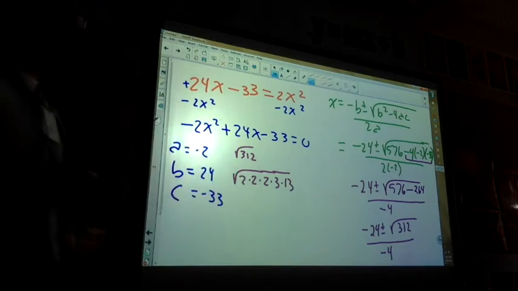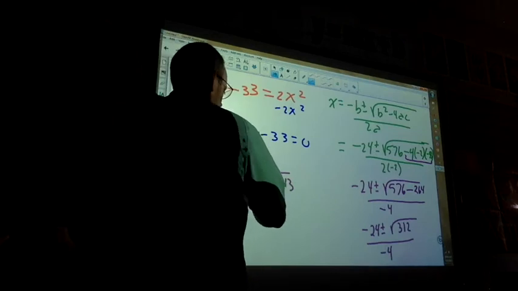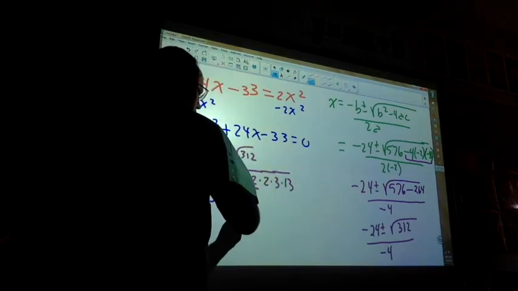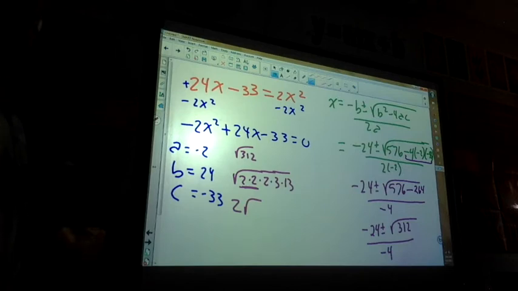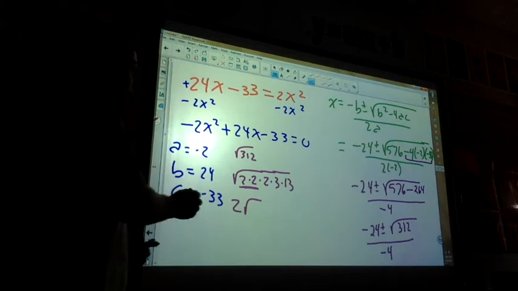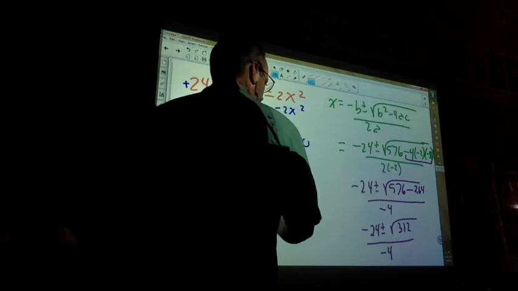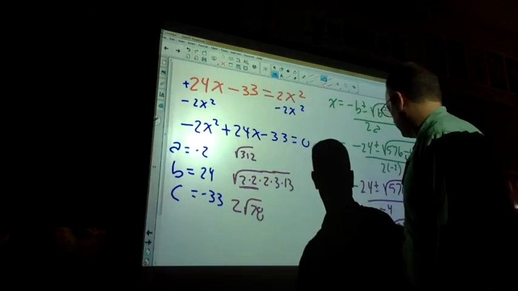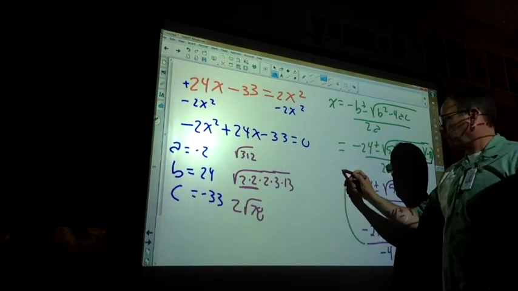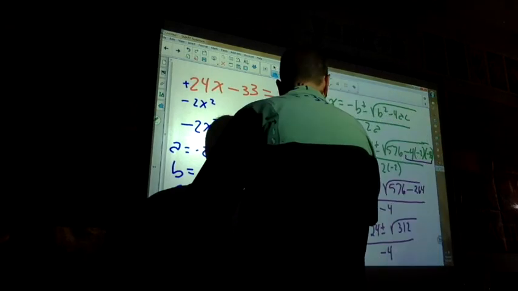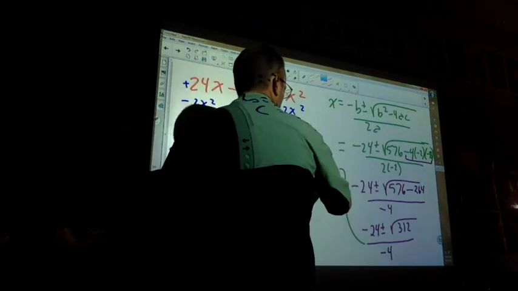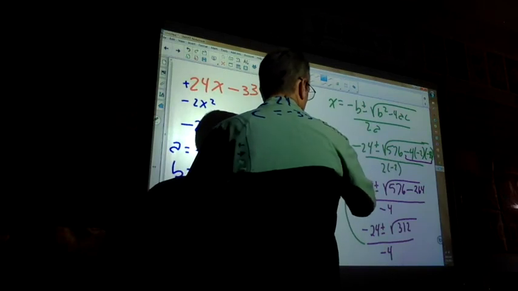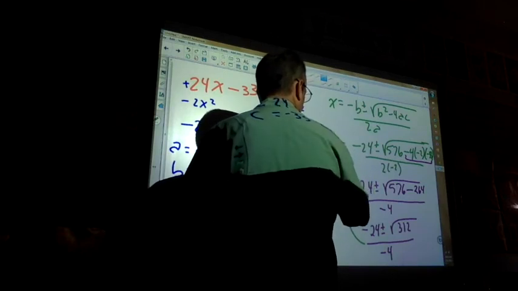Looking for pairs, right? 2 and 2. So right there, my answer is going to be 2 square root what? 6 times 13. How much? 78? Cool. So I'm going to modify this right here. I get negative 24 plus or minus 2 root 78 all over negative 4.